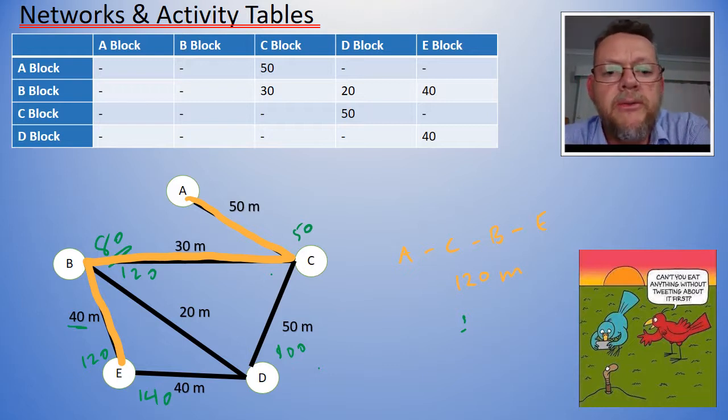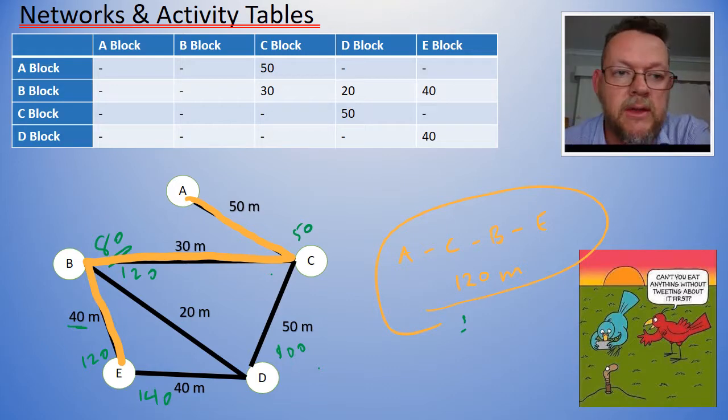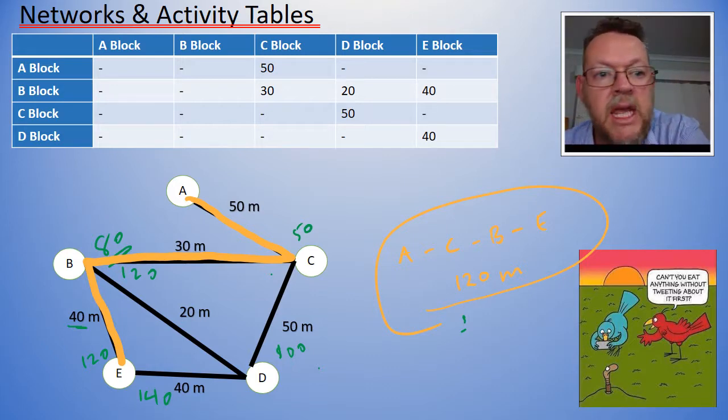So there are a few things that aren't in this activity table, like the steepness of the slope, etc. But this tells us the shortest distance because that's the information given in the activity table.